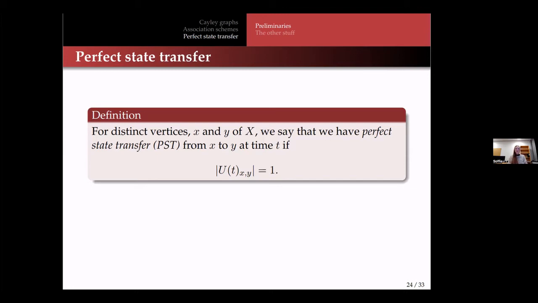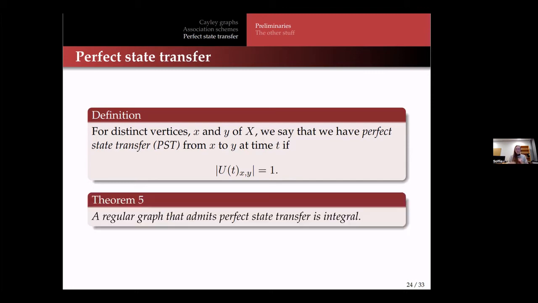So then we have perfect state transfer from X to Y at time T. Here's a small theorem that we're going to use: a regular graph that admits perfect state transfer has to have integer eigenvalues. So in particular, a Cayley graph that admits perfect state transfer is integral.